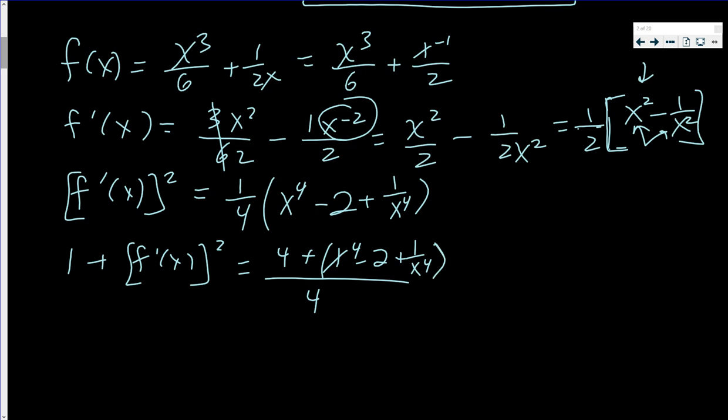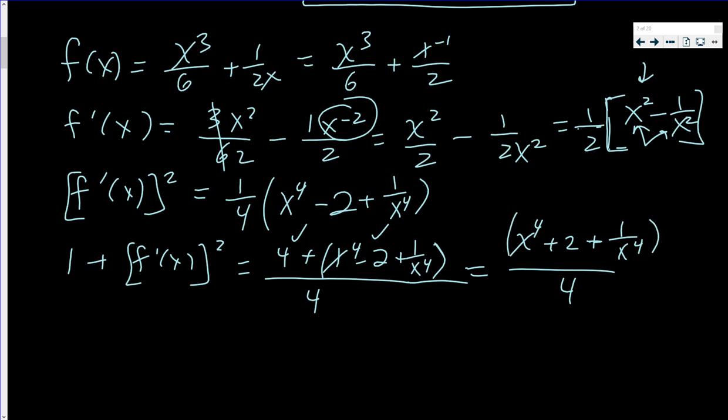Okay, now if I add that numerator, I get x to the 4th plus 2. 4 minus 2, or 4 plus negative 2, that's positive 2. And we still have the plus 1 over x to the 4th.